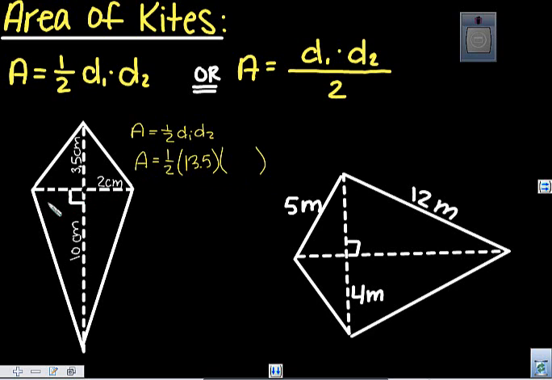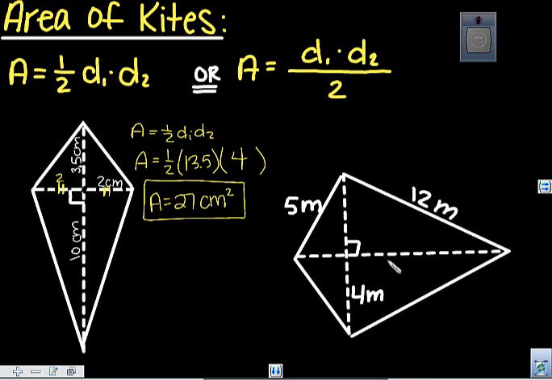You should know that the diagonal connecting the two non-vertex angles, okay, this is bisected. So this side is equal to this side. So this would also be 2. So that entire length would be 4. So then you would say 1/2 times 13.5 times 4, and you would get 27. And that is centimeters. So area is centimeters squared, or squared centimeters.